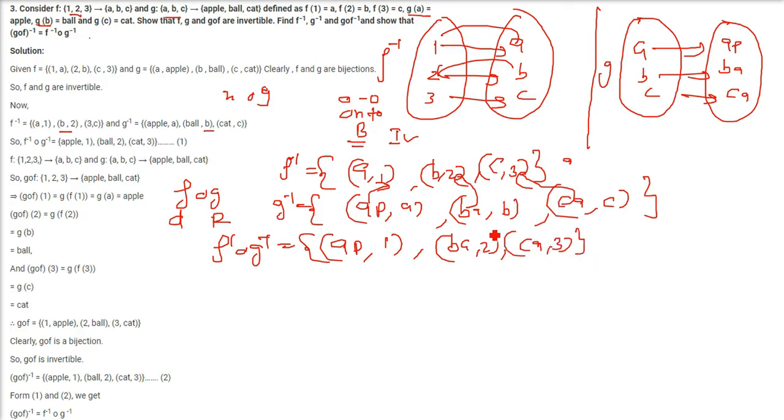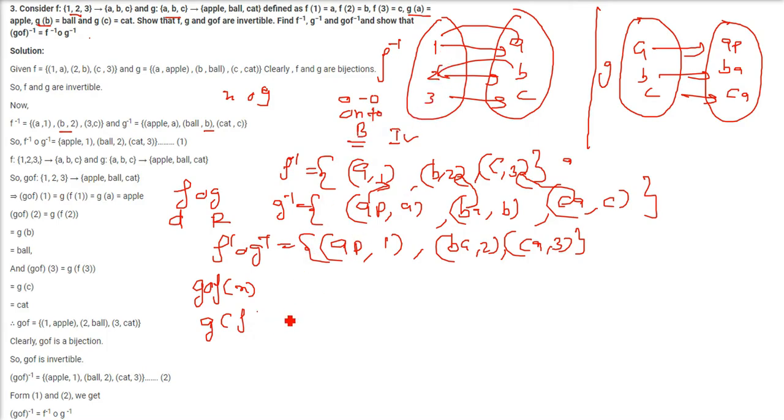After this is done, gof, because gof inverse we have to find out. So we have to go for gof. What is gof? g of f(x). We will take the values of the domain of f, that is 1 to 3.